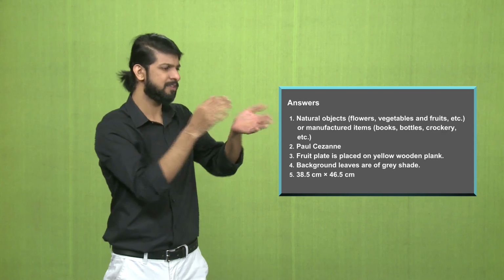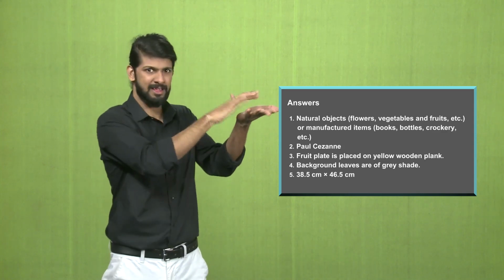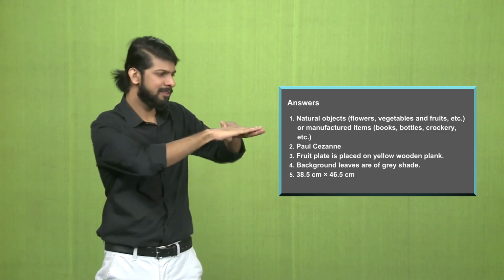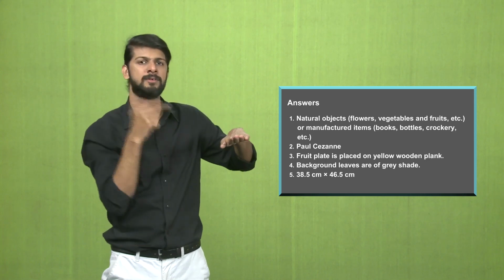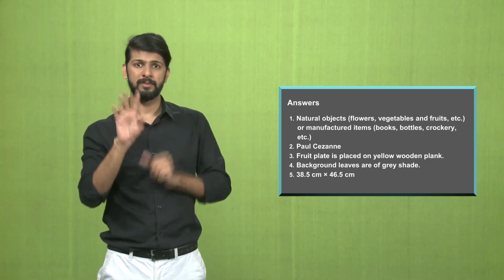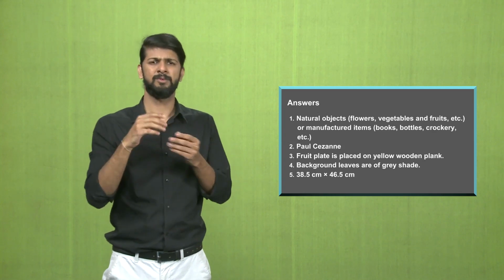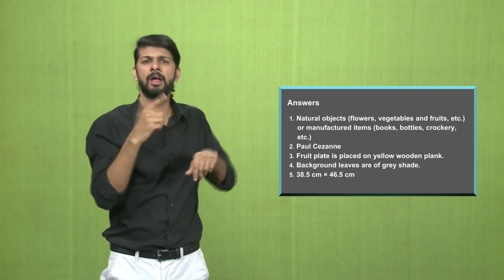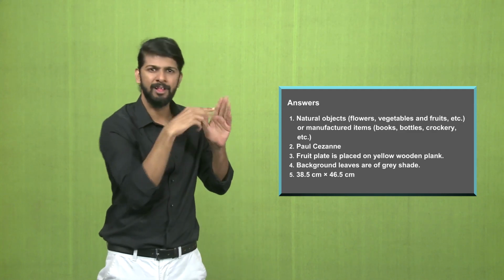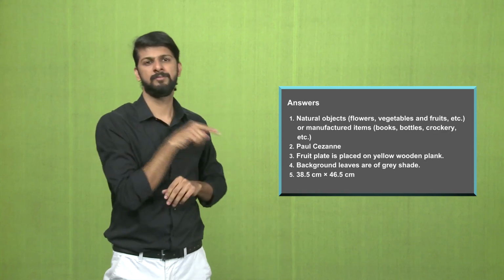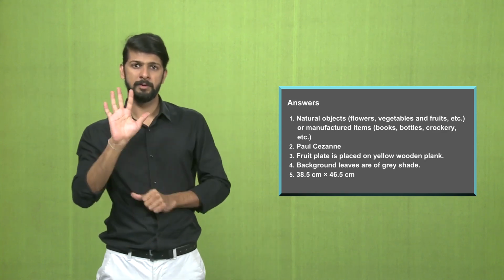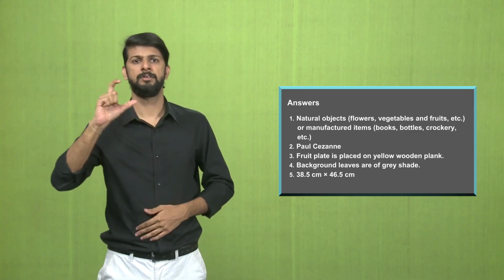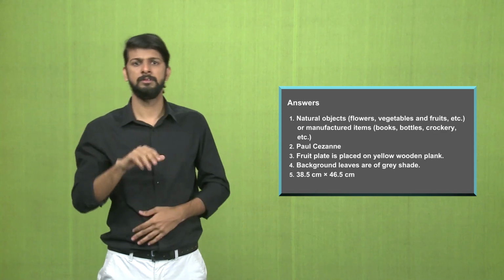Answer number 3. The fruit plate is placed on a yellow wooden plank. Answer number 4. The background leaves are of grey, a grey shade has been used. Answer number 5. The size of this painting is 38.5 centimeters into 46.5 centimeters.